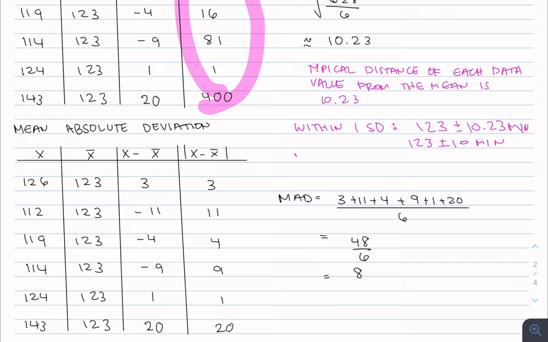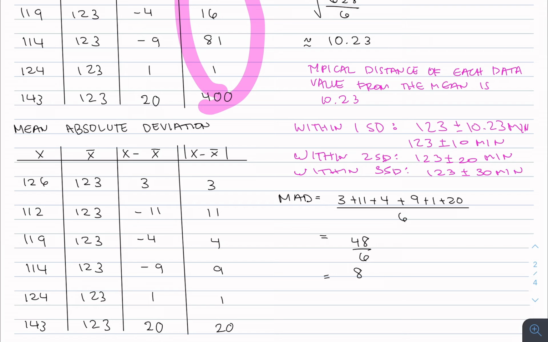If I was within 2 standard deviations, it would be 123 plus or minus 20 minutes. And within 3 standard deviations, we would look at 123 plus or minus 30 minutes.